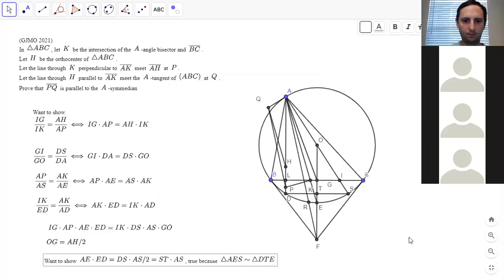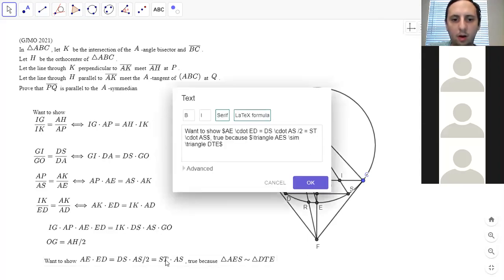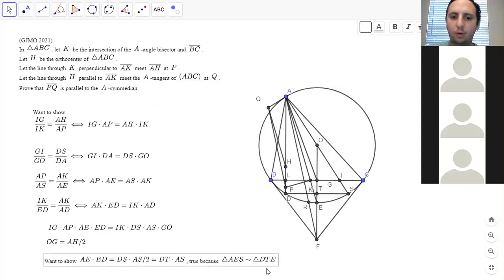Sorry, DT, not ST. DT and ST are the same thing, but we need triangle DTE.